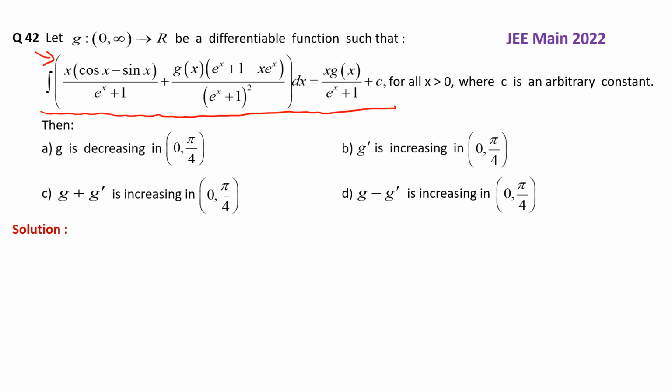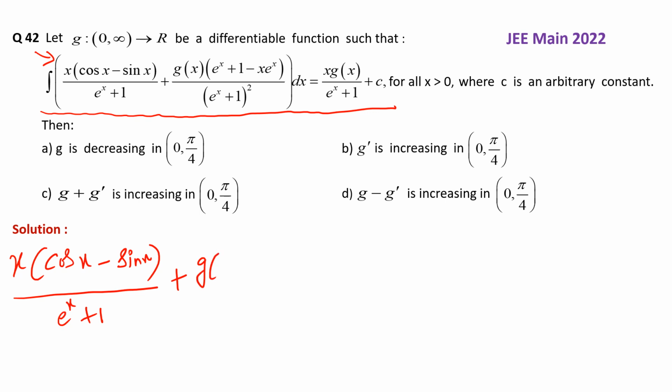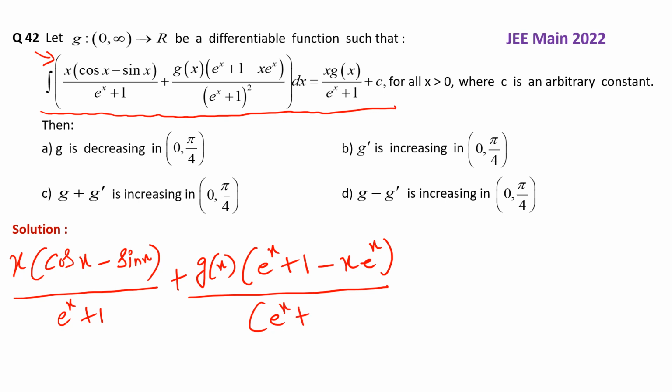So we get x into (cos x minus sin x) divided by (e^x plus 1) plus g of x into ((e^x plus 1 minus x e^x) divided by (e^x plus 1) whole square) equal to.